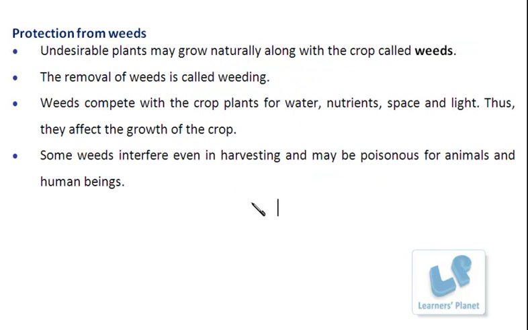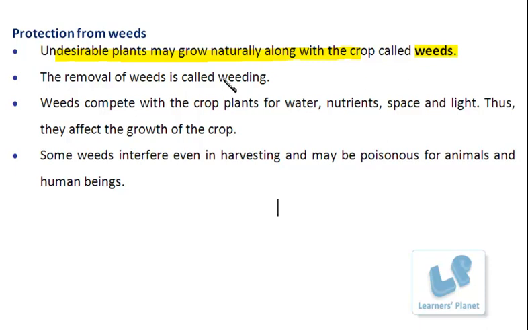Well, I hope you understand what these weeds are. Weeds are the undesirable or unwanted plants which grow naturally along with the crop plant. When they grow, they inhibit the growth of the actual plant, or the seeds which are sown intentionally.